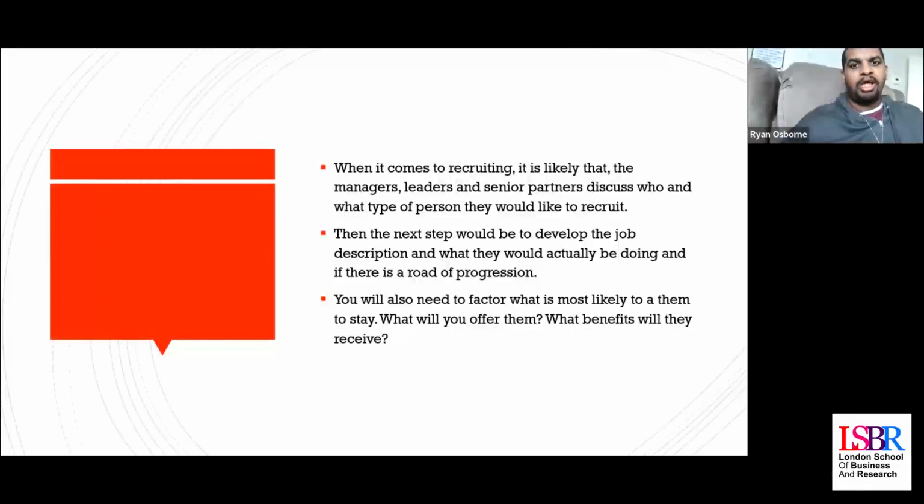Because the whole point of bringing people into your company is that you would be able to retain your staff as well, and to offer them progression. Because 9 times out of 10, when people come into a role, if they don't feel that they can progress in that job, they will probably leave.